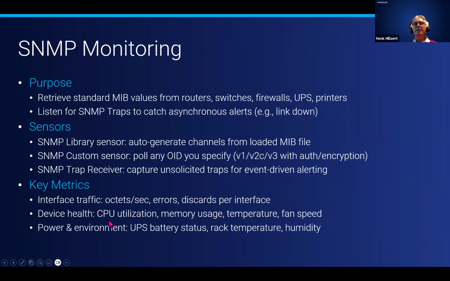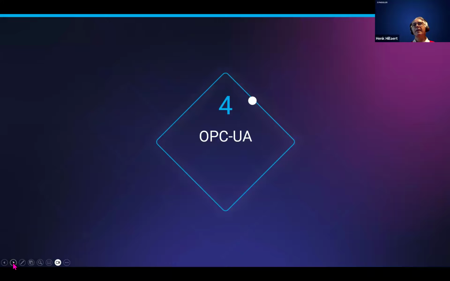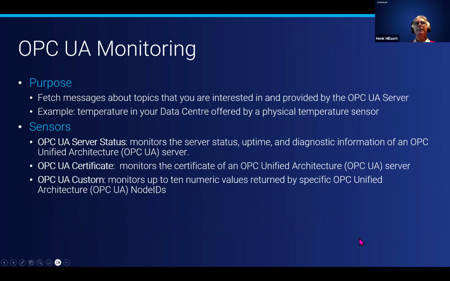CPU utilization, memory, temperature, all those kinds of essential metrics you can get out of SNMP, and very often the MIB files are publicly available, and very often if they're not public, you can get them from the vendor. A more modern protocol is OPC UA.